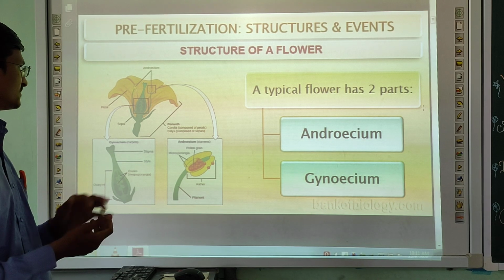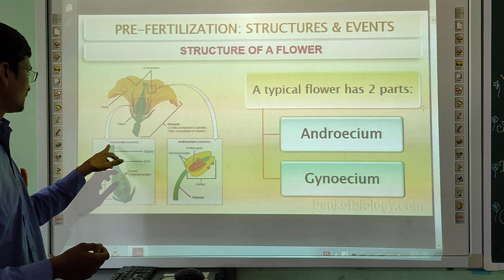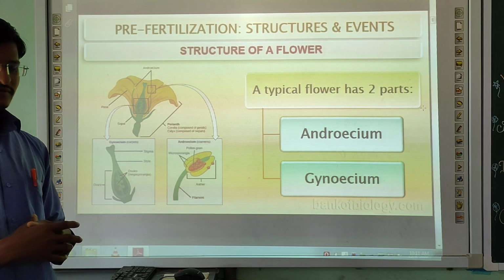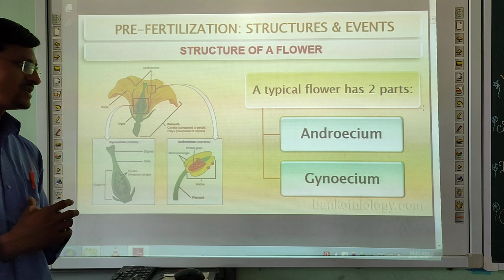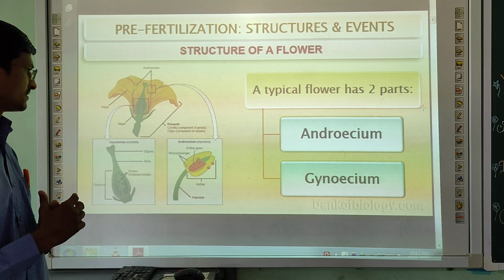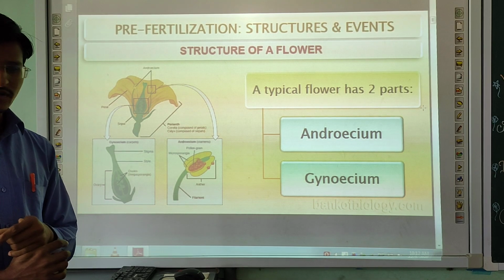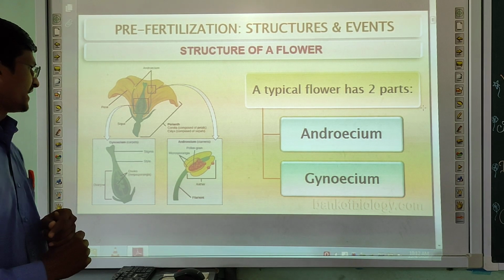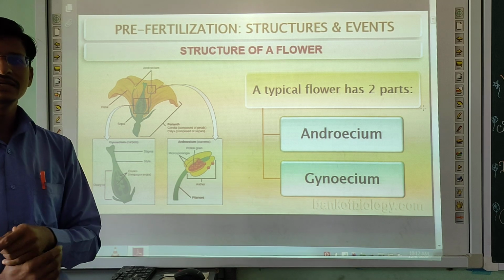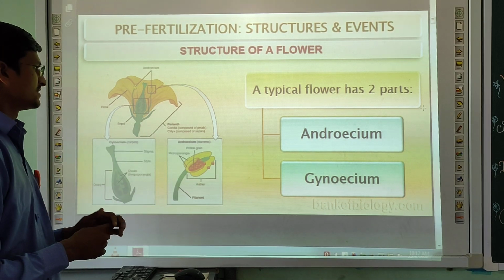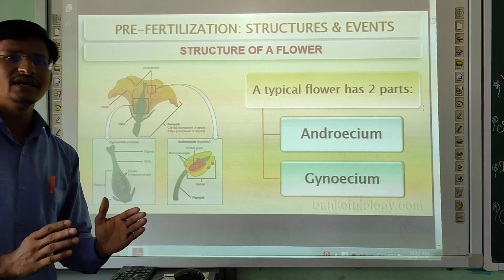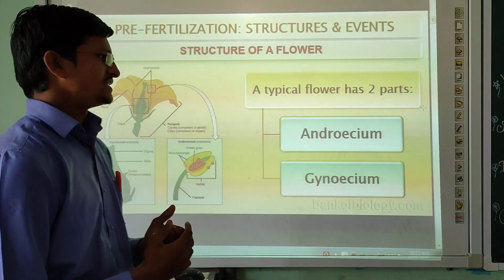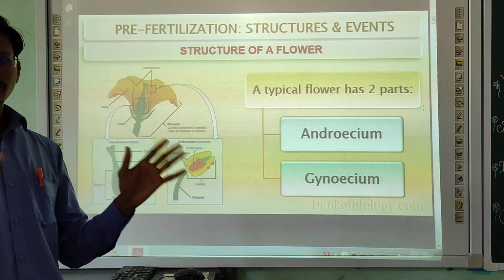The main parts are the gynoecium and androecium. Gynoecium is used for the carpels or stigma, and androecium is the word generally used for the stamens. Stamens are the male reproductive part of the flower, and the carpels are the female reproductive part, as you are aware.